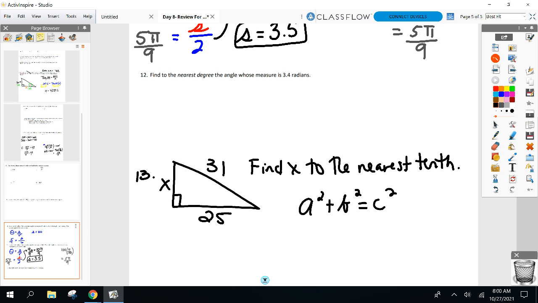All right, what's going in for A and B? My two legs, A and B, are x and 25. So x squared plus 25 squared. Again, don't think you're always solving for C. That's not the case. C is the hypotenuse, and I actually know that. So that's why there's a 31 going in there.